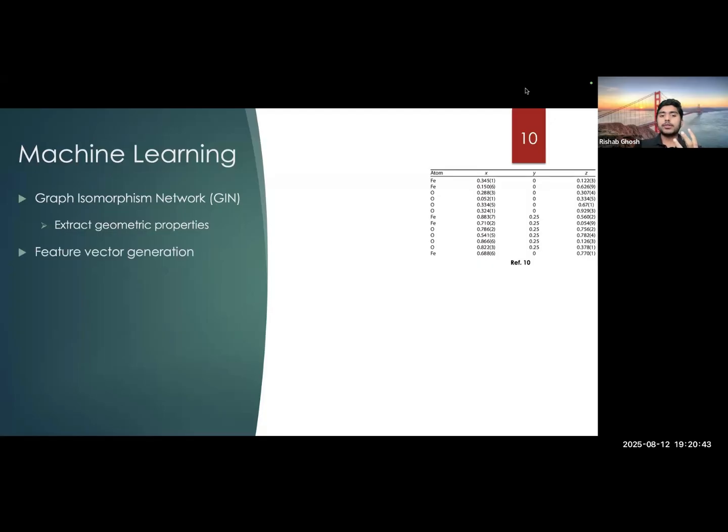And this feature vector is full of numerical data of the molecule, like its dipole moments, its polarizability tensor, as well as the HOMO-LUMO gap and other scalar type properties.